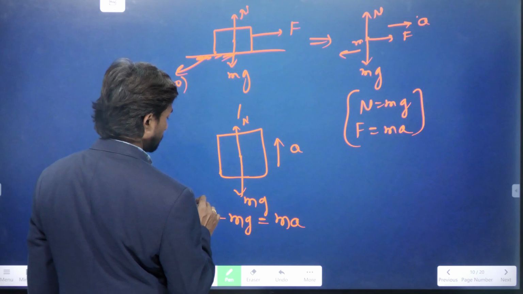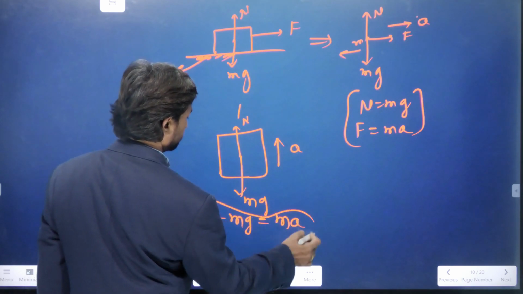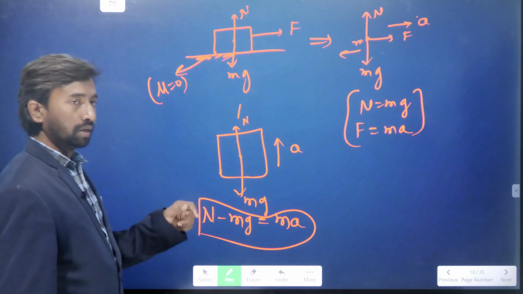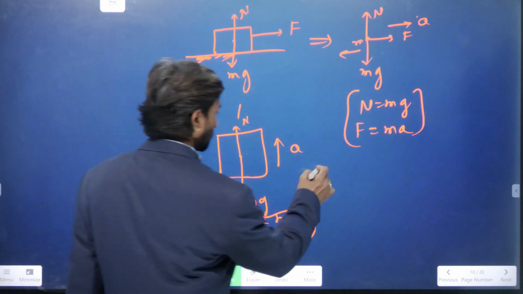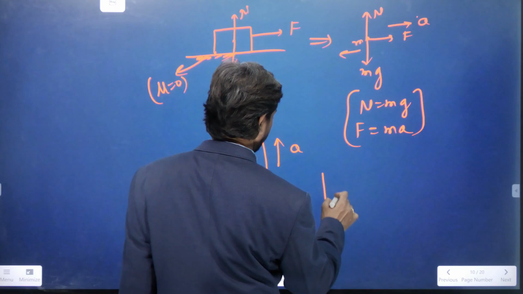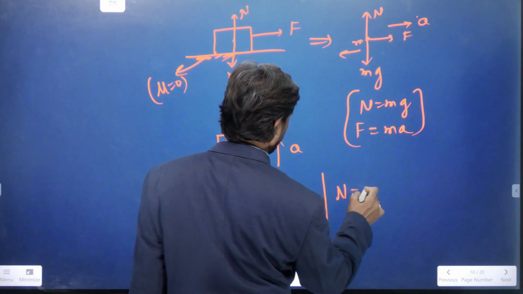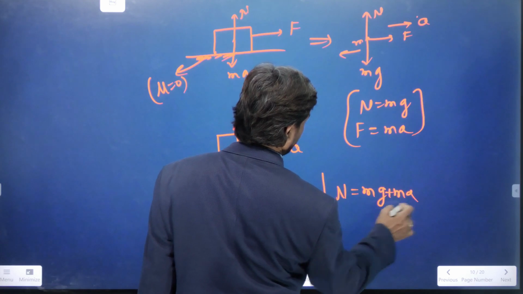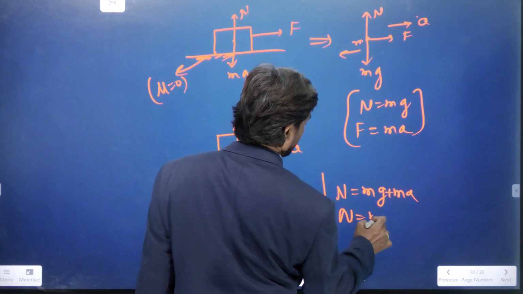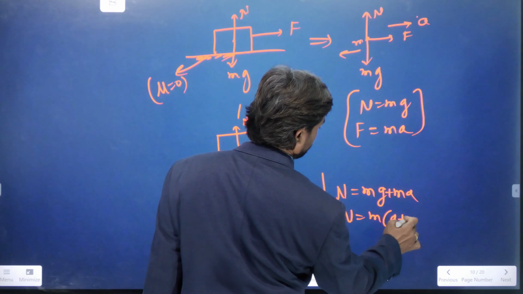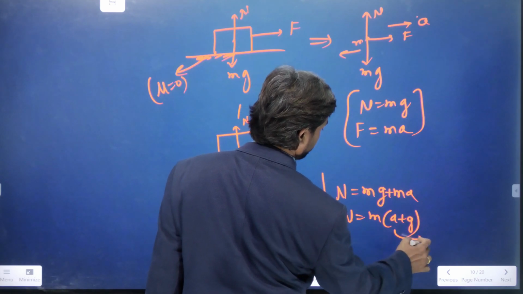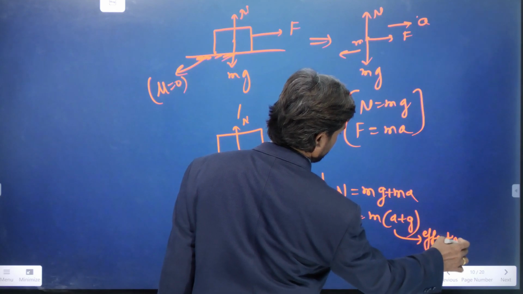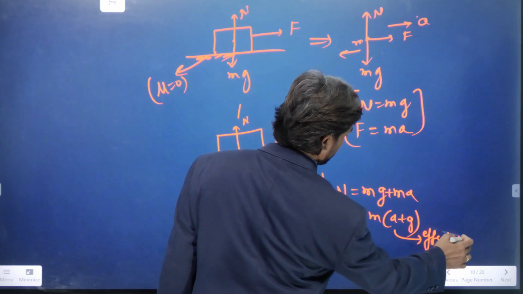This is the equation when the body is moving vertically upwards, or the lift is ascending. Then N equals mg plus ma, so N equals m into (a plus g). This is the effective acceleration when the lift is moving with a certain acceleration.